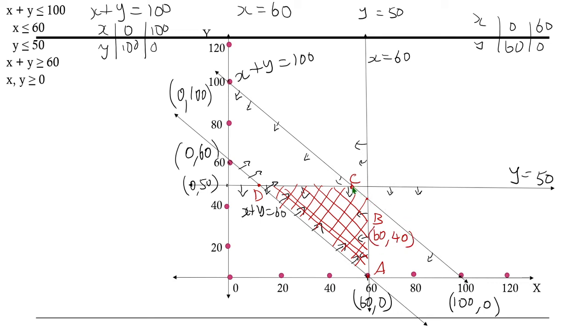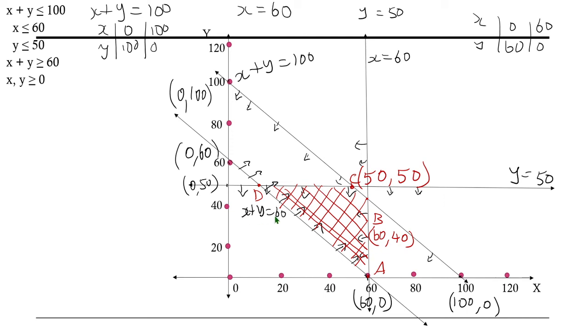The next point is C. We already know the y coordinate, it is 50. We can find the x coordinate from this equation, x plus y equal to 100. That is x plus 50 equal to 100 or x is equal to 50. So the coordinates for C is 50, 50. Next, we have to find the coordinate for D. We already know the y coordinate, it is 50. The x coordinate we can substitute in the line x plus y equal to 60.